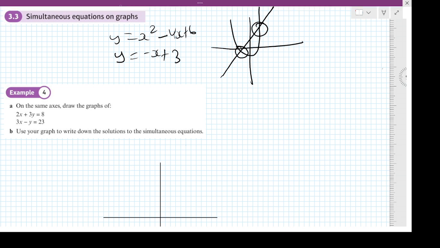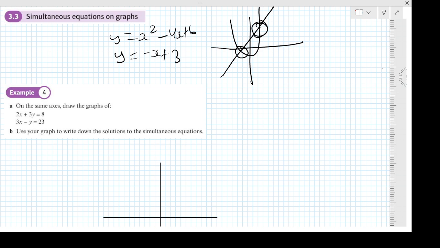But say this was the quadratic and the line. Those two points that I've circled are where the pair of solutions would be if we were to solve it by substitution, which we looked at last section. The coordinates of these two points would be the same as the solutions.